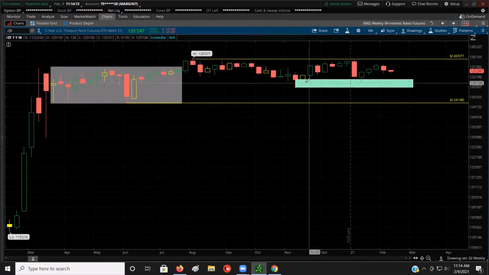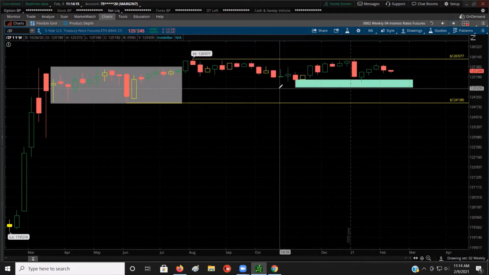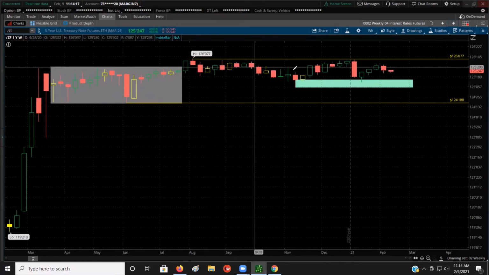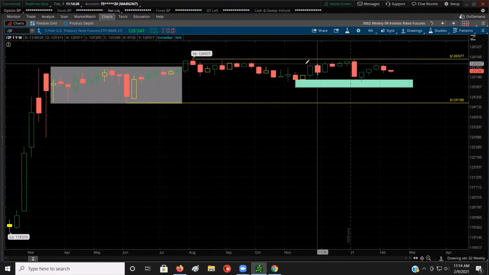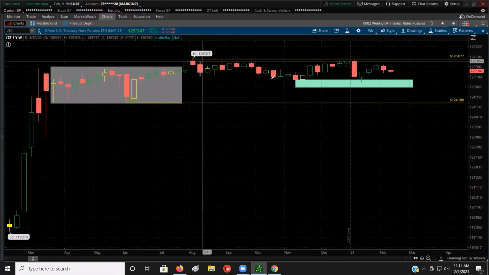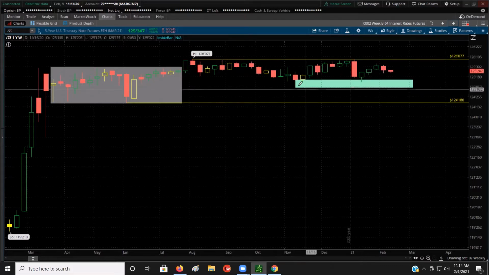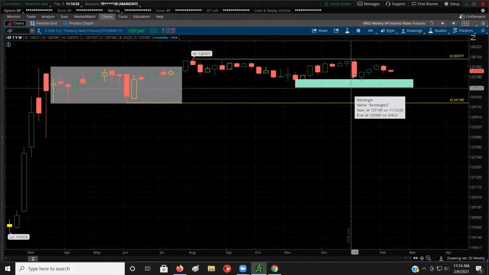Okay, the 5-year notes. Tight consolidation. That's channeling into this yellow horizontal line that has been acting as a supply zone. Sellers have stepped up there. That's a swing high. Where this green horizontal line has been demand zone where buyers are.